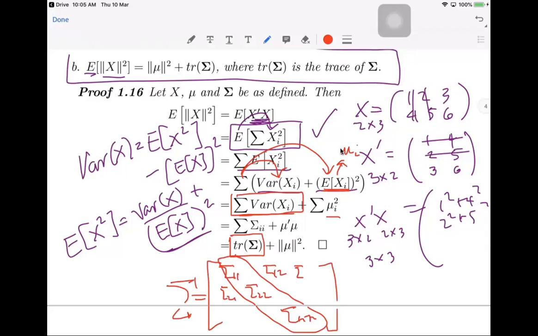By definition, the trace of a matrix A is the sum of the diagonal entries of A. Correct? So this summation of the variances is actually equal to the trace of your sigma. And this one, by notation, can be mu prime mu, which is the square norm of mu.